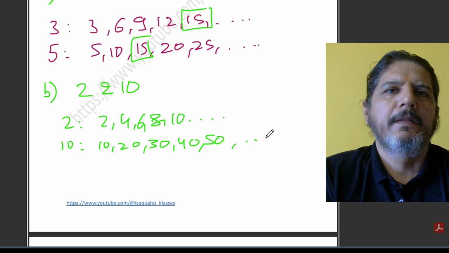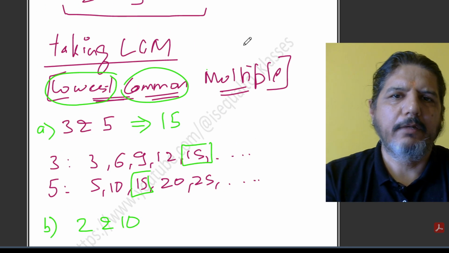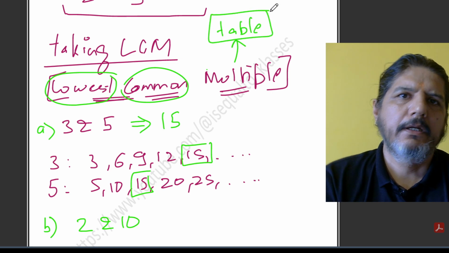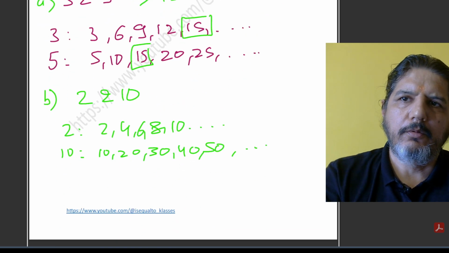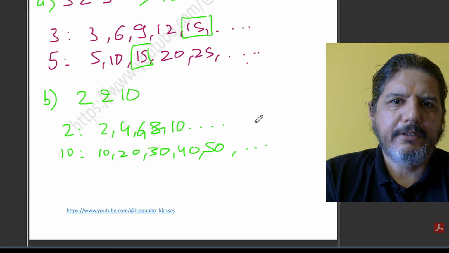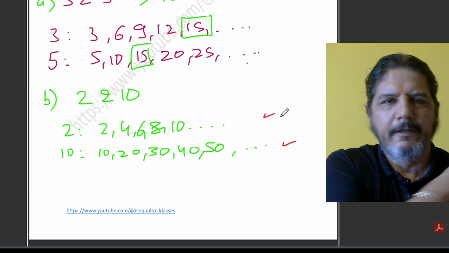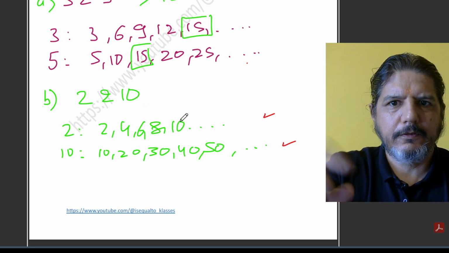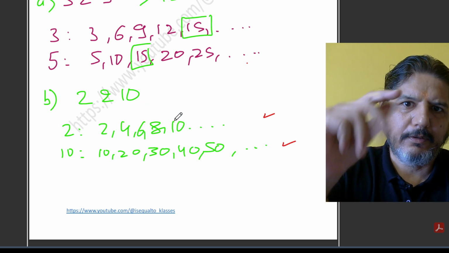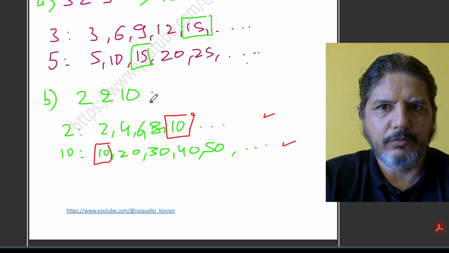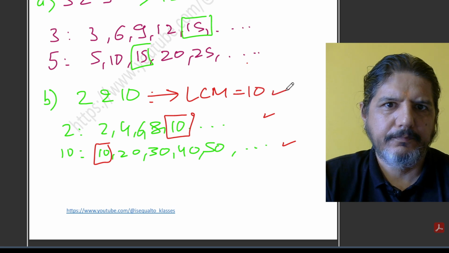Basically multiples is finding the table of a particular number. So now again we have written the multiples, and now we have to find the lowest common multiple. Basically the first number in this sequence which is common. So if you see 10 and 10, they are common. So the LCM of 2 and 10 is 10.